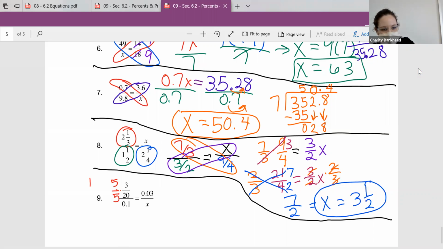And that would give us 15/100, which we know would be 0.15. So I've got 0.15 over 0.1 equals 0.03 over x.